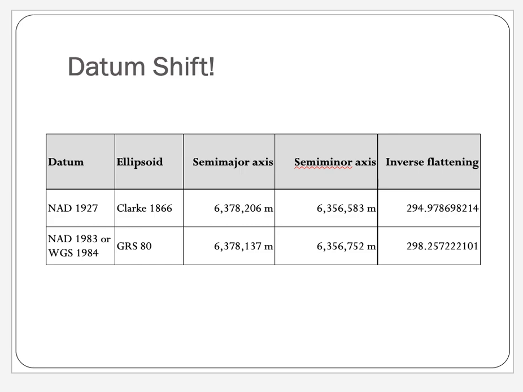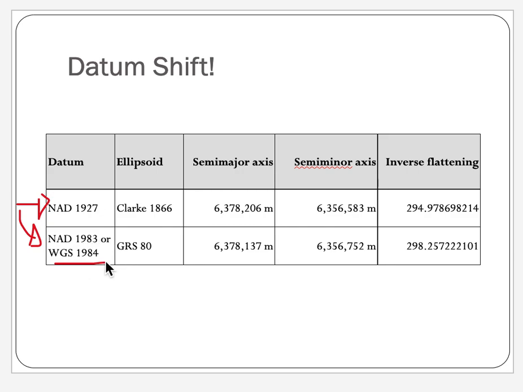So over time, data collection technology improves, and also we know that land and ocean masses move and fluctuate over time. And because this changes, our geographic coordinates for a specific datum are going to alter. So that's why NAD 1927 was replaced by NAD 1983, which is more current, or WGS 1984.